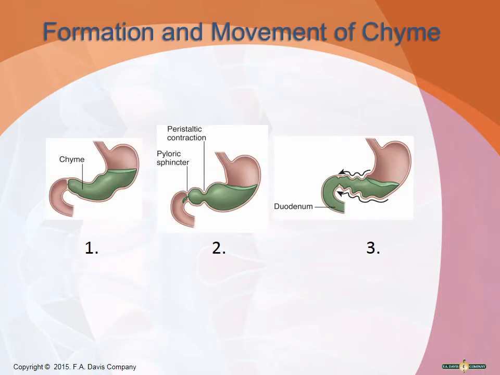All right, now we are going to talk about the movement of chyme, starting from when food enters into the stomach. The stomach is going to release those gastric juice components, and our food is going to get mixed up with the gastric juices, all the while moving forward in the GI tract to the next structure.